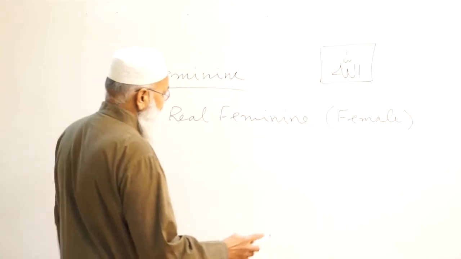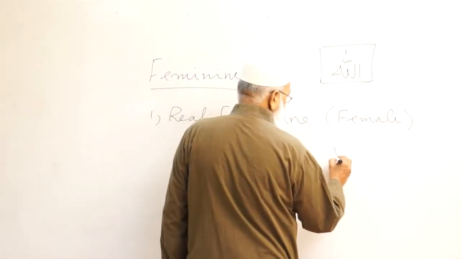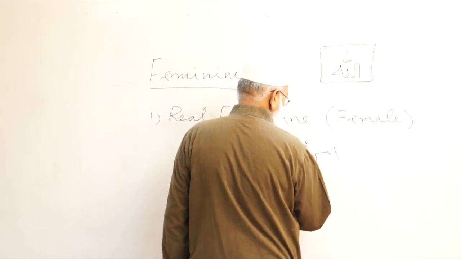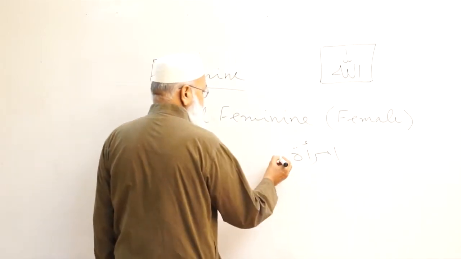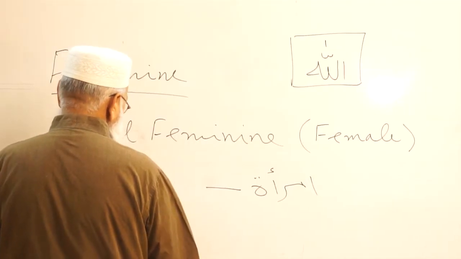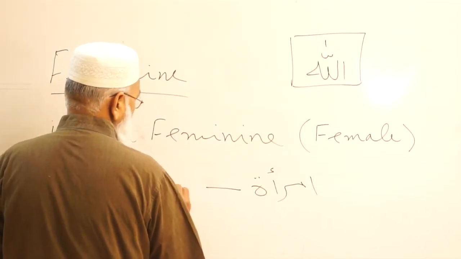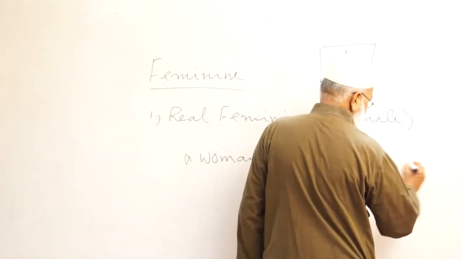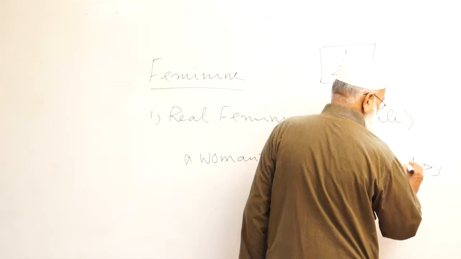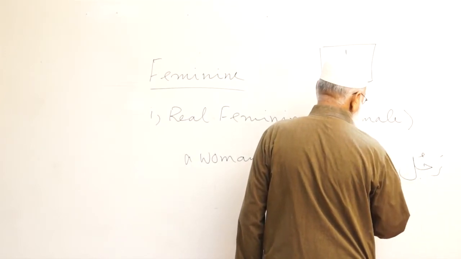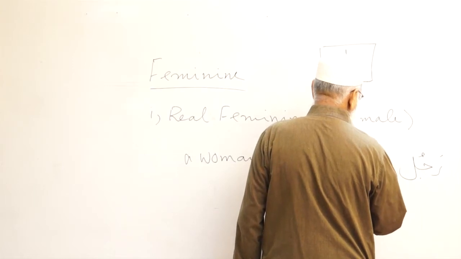For example, imra'atun, that is a woman, because it has an opposite, that is rajulun, which means a man.